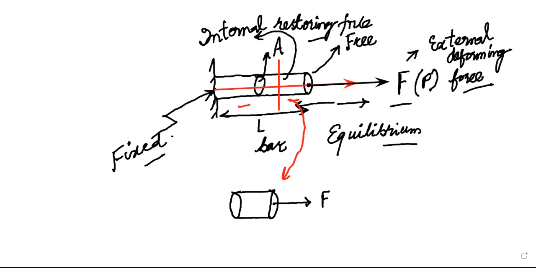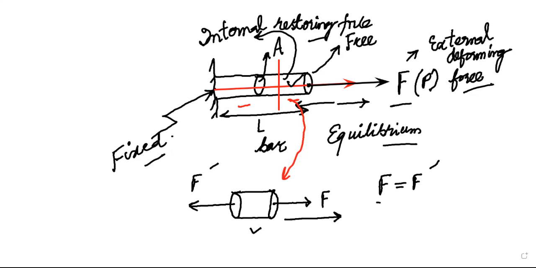But this portion is not in equilibrium right now because this force F will try to move the machine element in this direction. For this portion to be in equilibrium, there has to be a force in the opposite direction that we call F prime, such that F is equal to F prime.